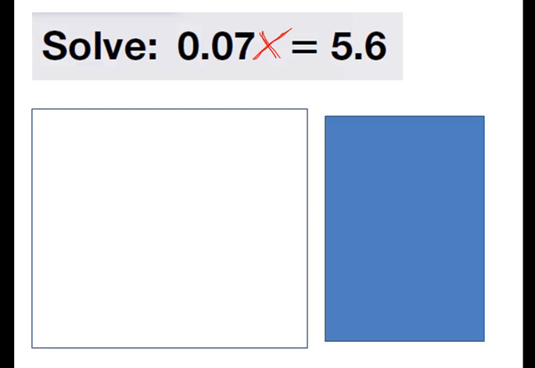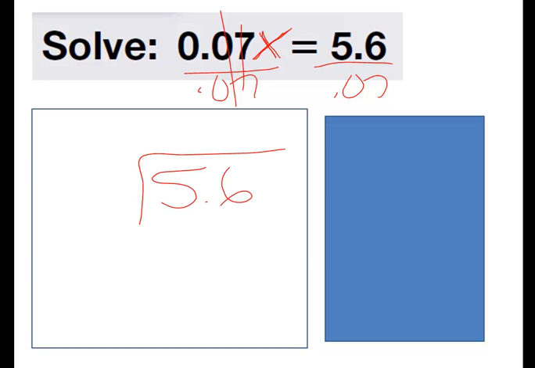We want to solve for x. On this side, 0.07 and the x are being multiplied, so we want to divide both sides by 0.07. You remember this? So that this goes away and leaves just plain x. So x is equal to 5.6 divided by 0.07.